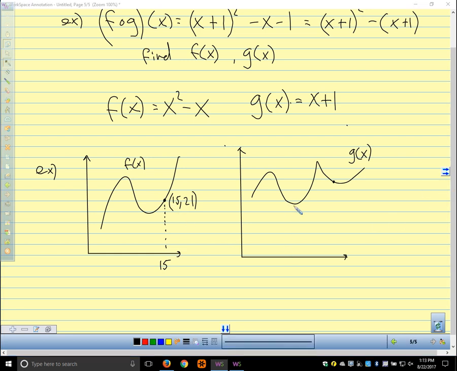And this point, x equals 5, I'm going to say this is 5 comma 15.